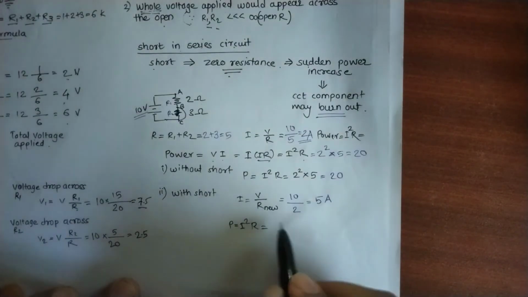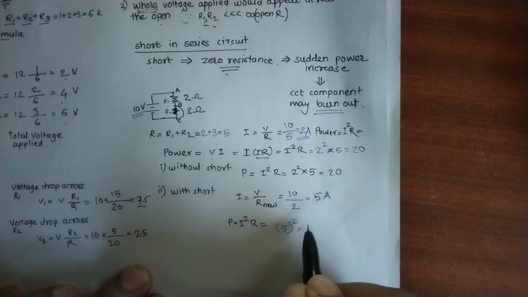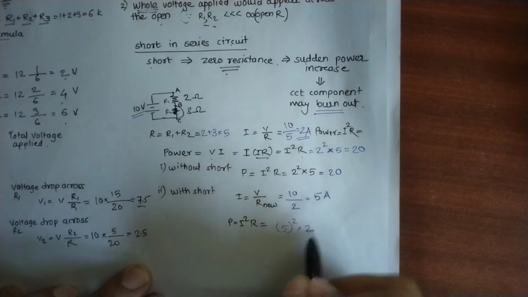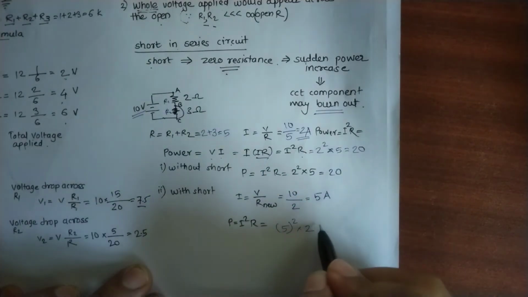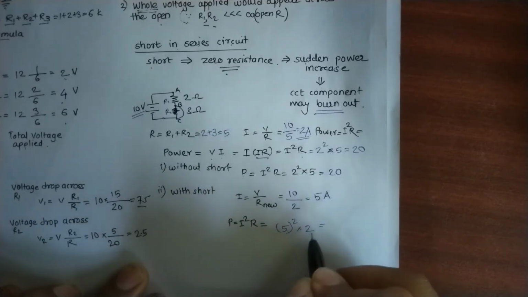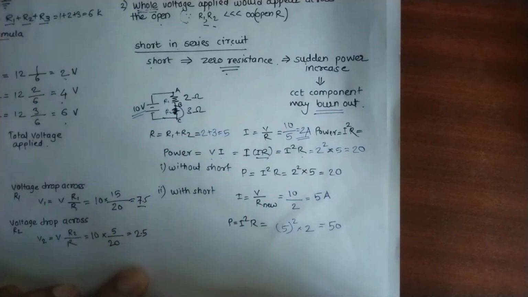So we will put it in our formula. 5 square into R, which is 2. 5 square is 25, into 2, so it is 50.